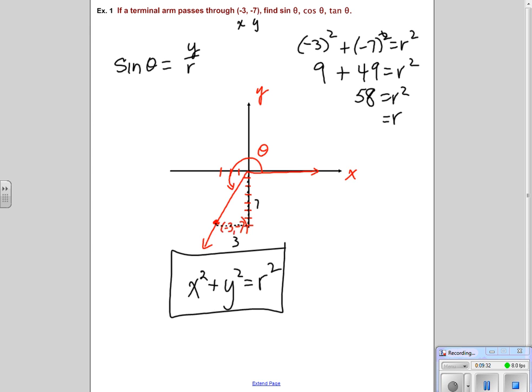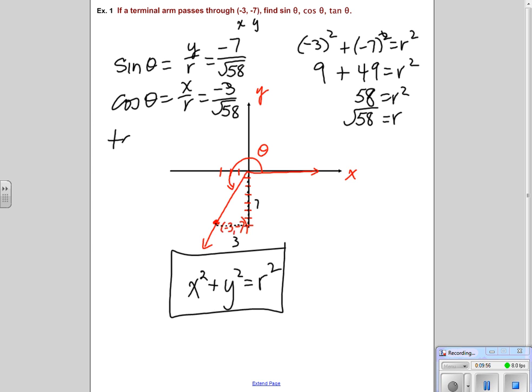So r, I only need to think about the positive square root of 58. Beautiful answer. So sine of theta equals -7 over root 58. Cos theta is x over r, which would be -3 over root 58.